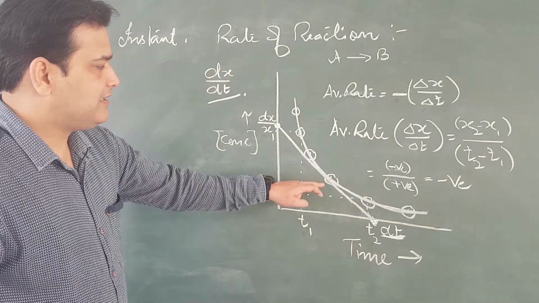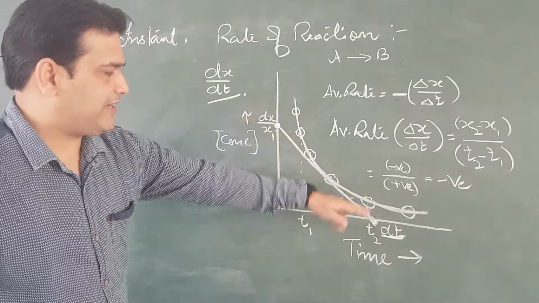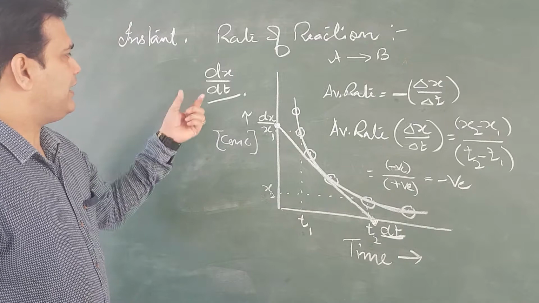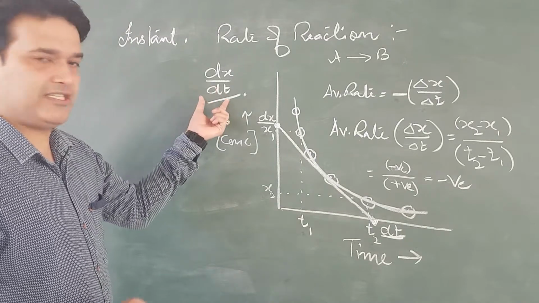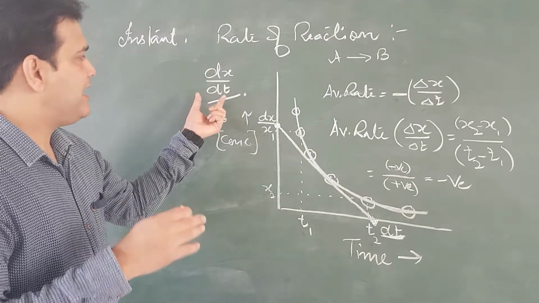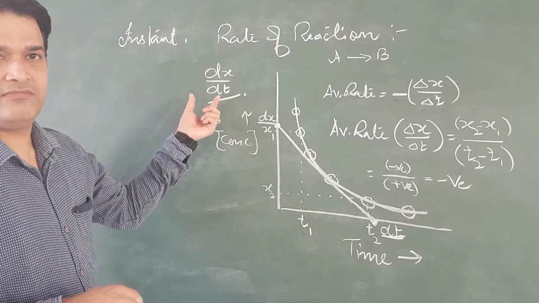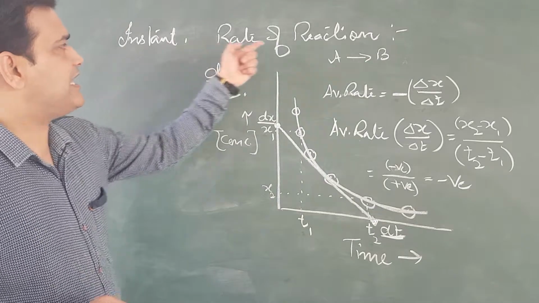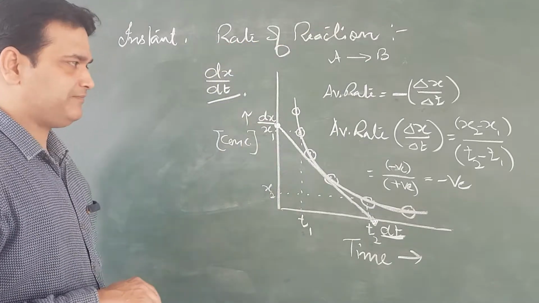It does not depend on the initial and final values or average values. It is the rate or speed of reaction at any given instant. That's why it is called instantaneous rate of reaction.